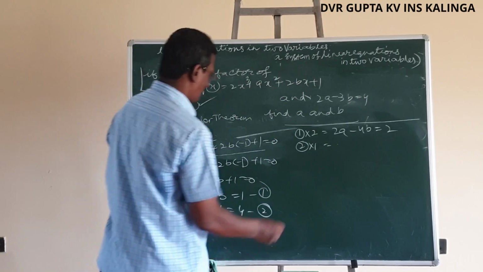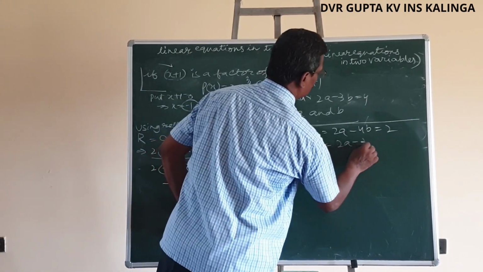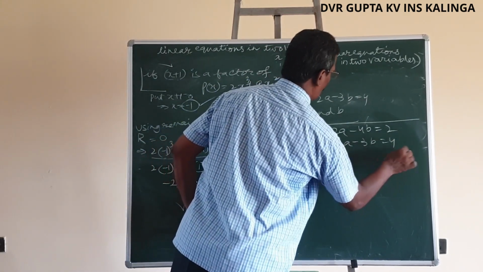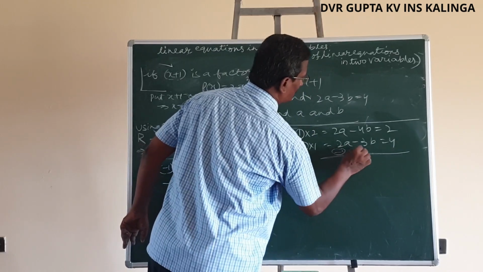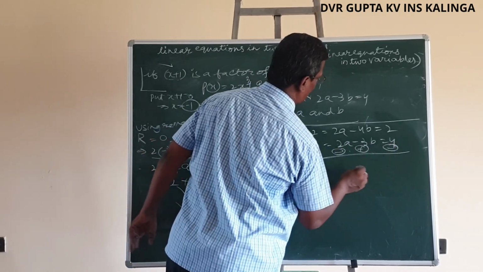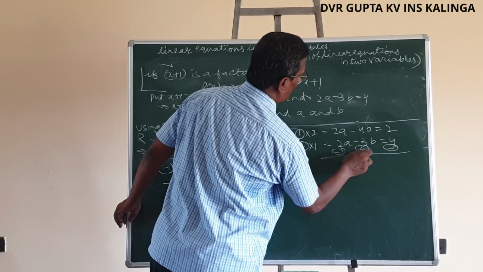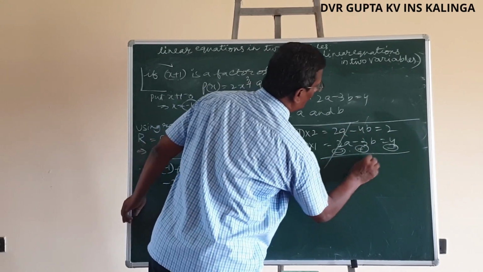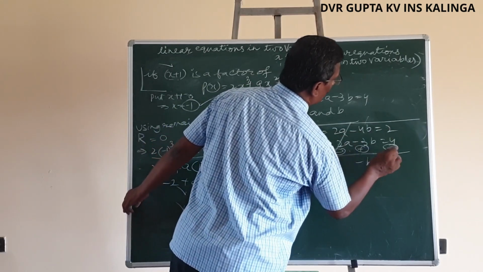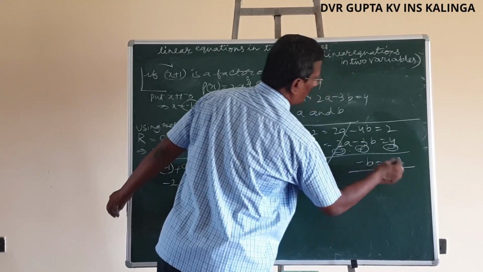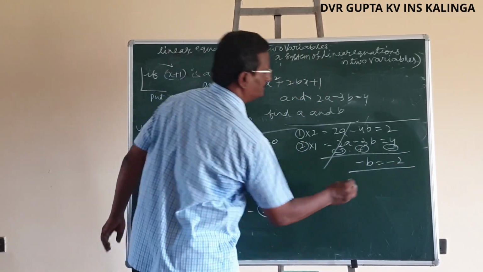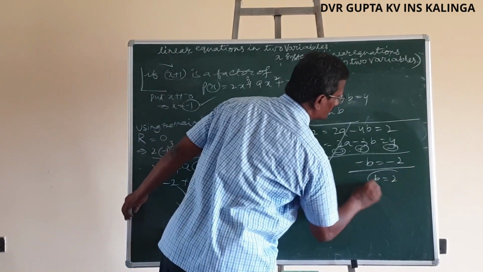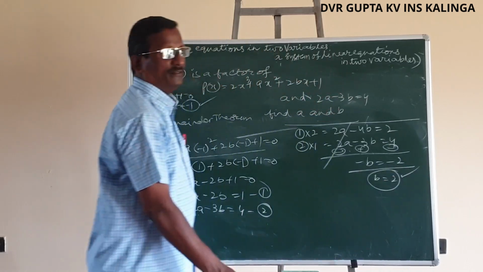Equation 2: 2a minus 3b is equal to 4. Now on subtraction, the 2a cancels, and minus 4b plus 3b gives minus b, is equal to 2 minus 4, which is minus 2. On cancelling the minus sign on both sides, b is equal to 2. This is the common solution, the b value.